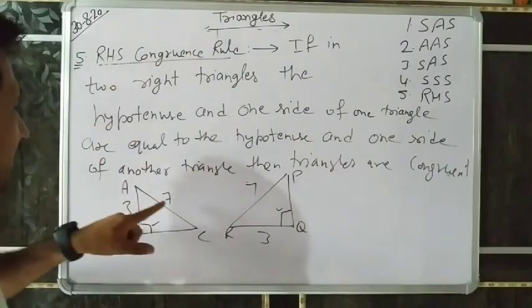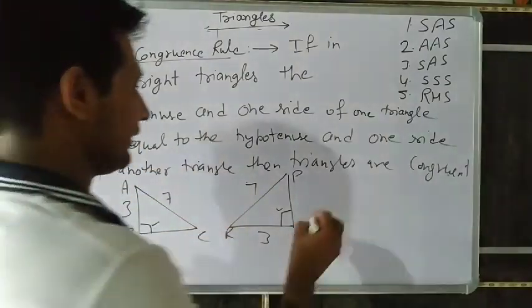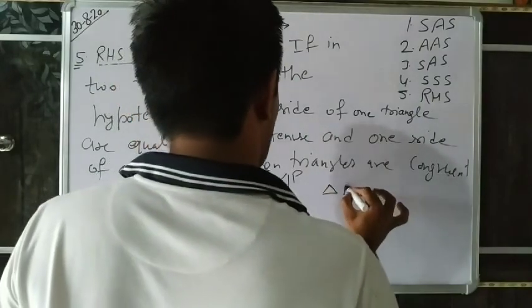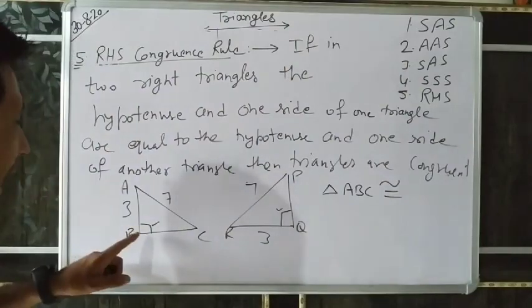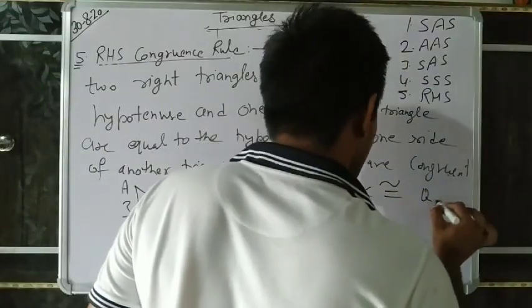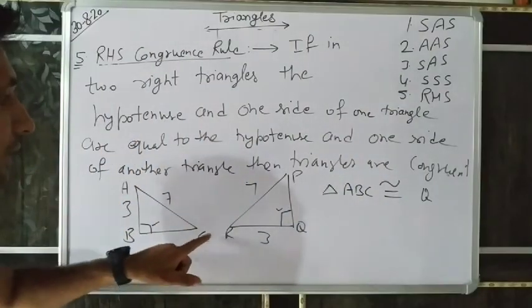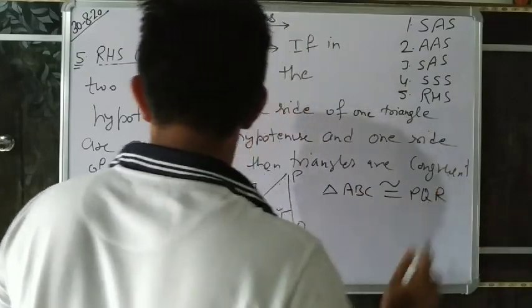Next, hypotenuse equal, yes 7. And one side, AB and AC. So triangle ABC is congruent to which one? Angle B is 90, in the middle. So angle Q is the middle 90 degrees. Next, AC is equal to PR. Understand?